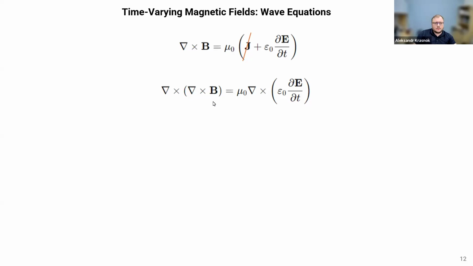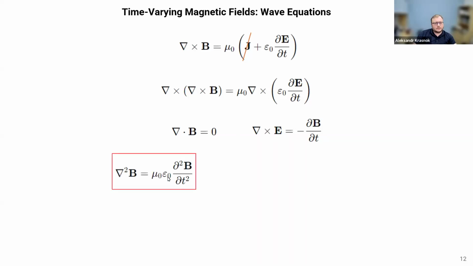This curl of curl can be rewritten as the gradient of the divergence minus divergence of the gradient. And taking into account that the divergence of magnetic field is always zero, and also taking into account the second Maxwell equation for the curl of electric field, leads to this equation, which is called the wave equation.